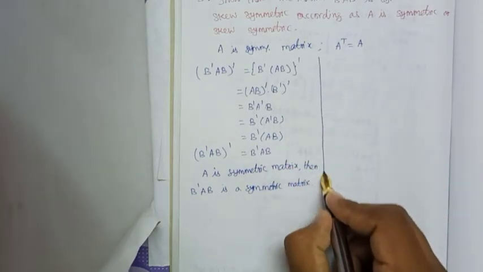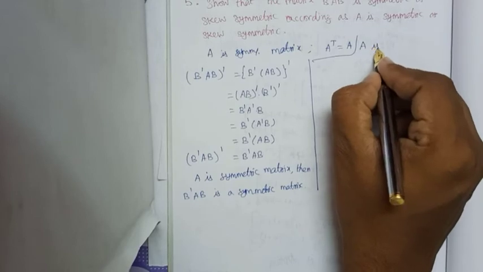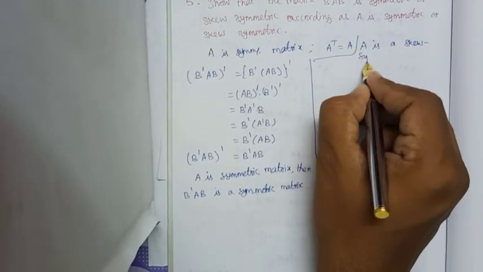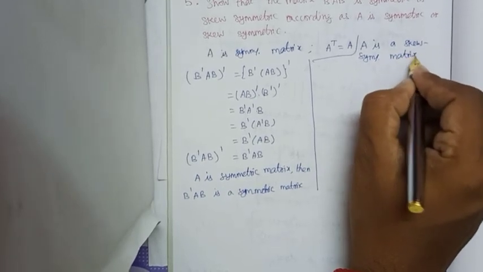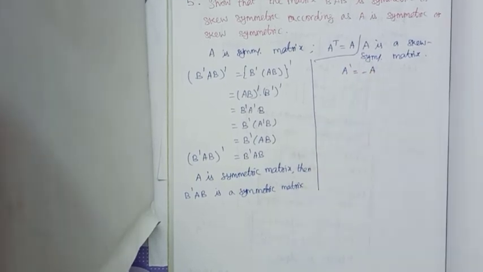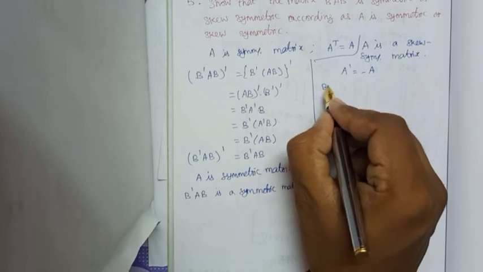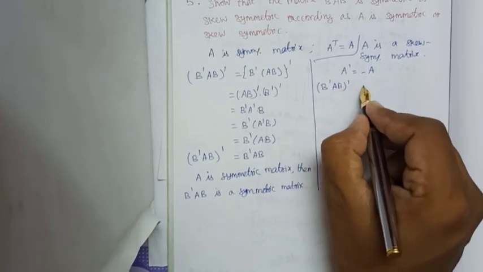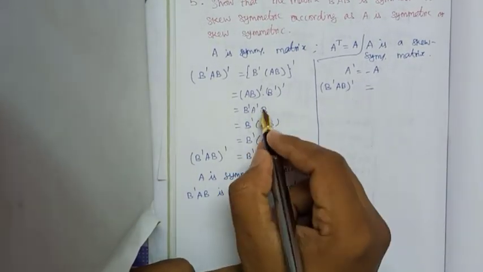Now consider A is a skew symmetric matrix. So this means by A transpose equal to minus A. This is the result. Now applying B transpose into AB whole transpose, which is equal to, so we already proved that in the first case.